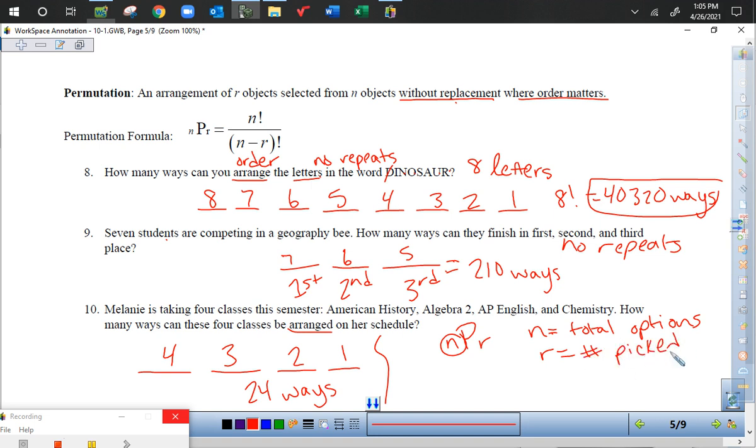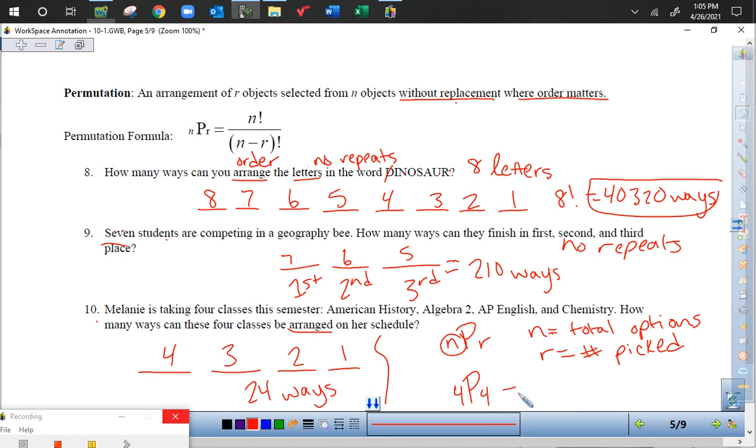So sometimes we choose all of them. So like on number 8 and number 10, we had 8 choices and we chose all 8. This one we had 4 choices, we chose all 4. But sometimes, like on number 9, we don't choose them all. We had 7 people and we only chose 3 of them. Okay, so for this one, we had 4 total choices, 4 classes, and we wanted to select all 4 of them.